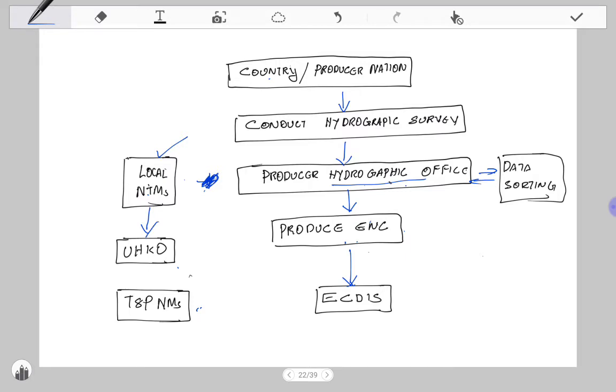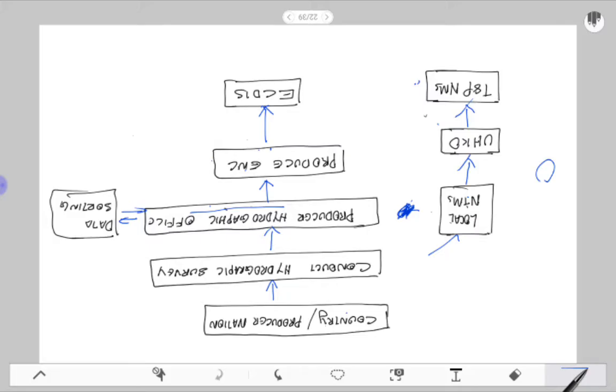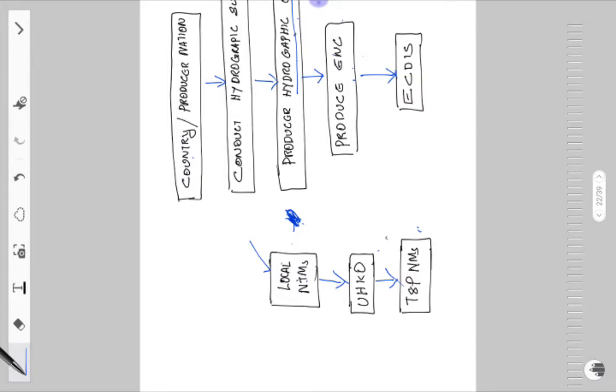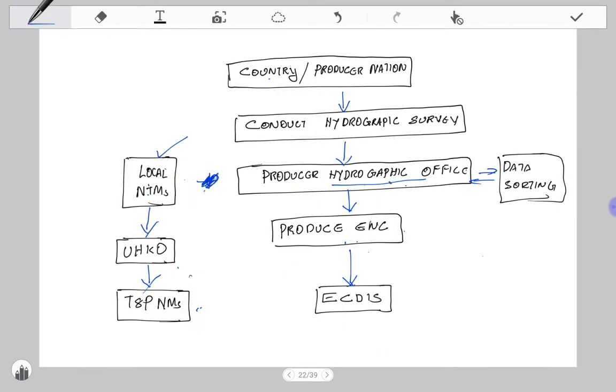UKHO collects all the information from the hydrographic offices of different countries, and gathers it to form worldwide notices to mariners.